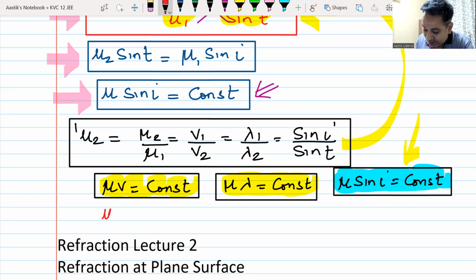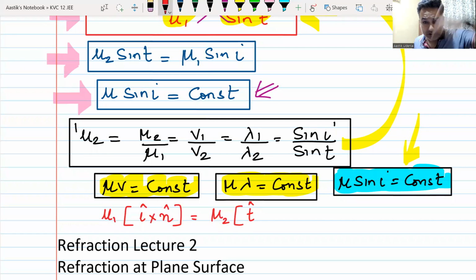So you can write it like this: mu1 multiplied by I unit vector cross unit vector normal will be equal to mu2 times the refracted or transmitted unit vector cross the normal, and this is how you can write the same Snell's law in the vector form.